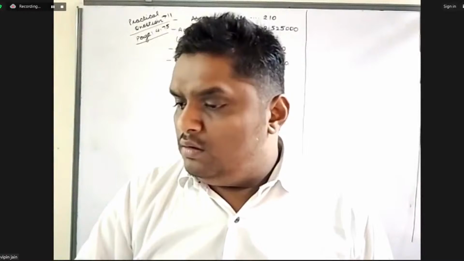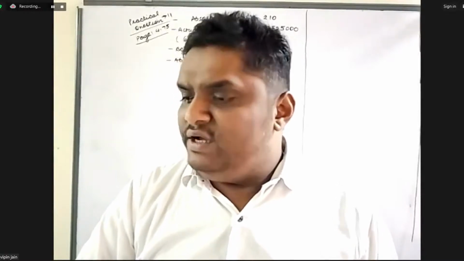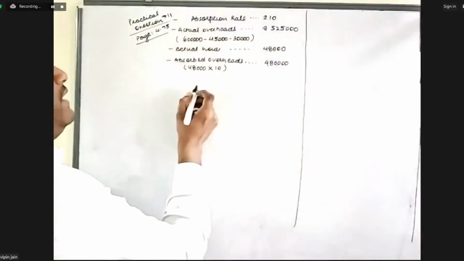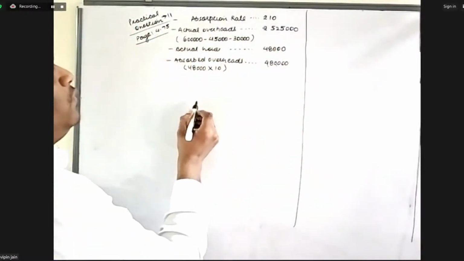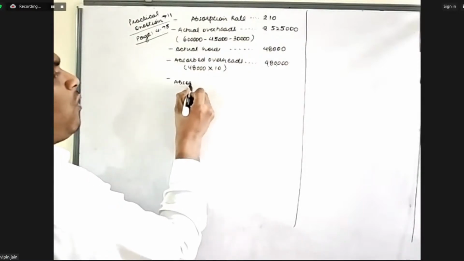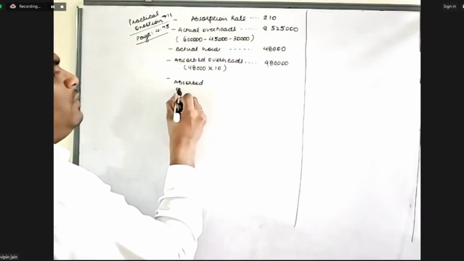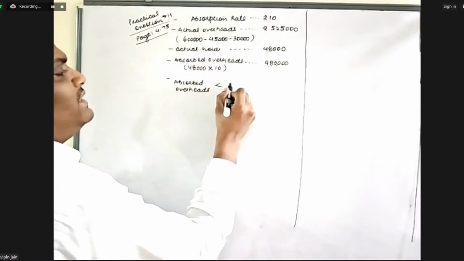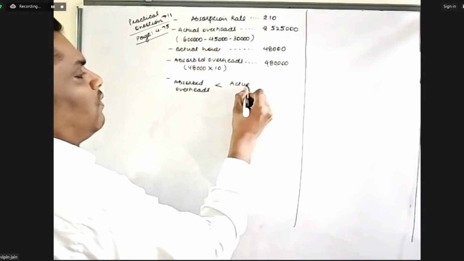Now, sorry. Now we'll calculate the under or over absorption of overhead. So herein, the absorbed overheads are less than actual overheads.